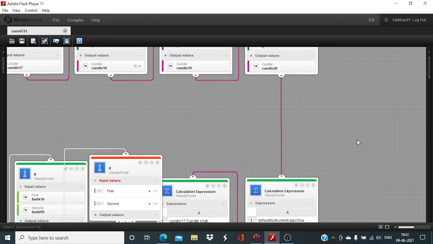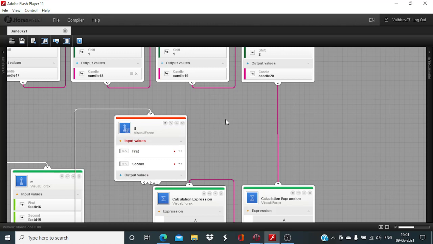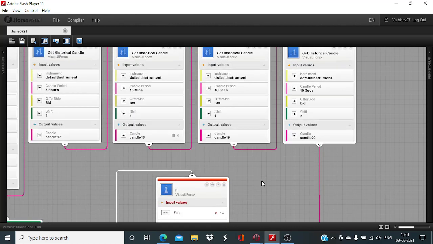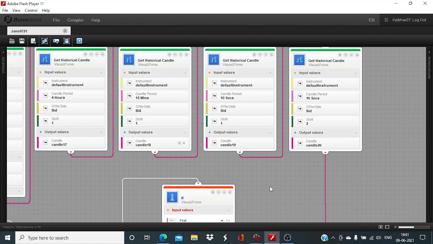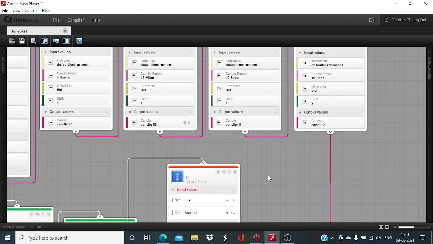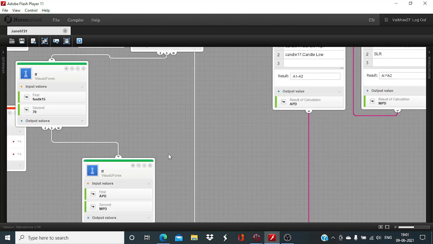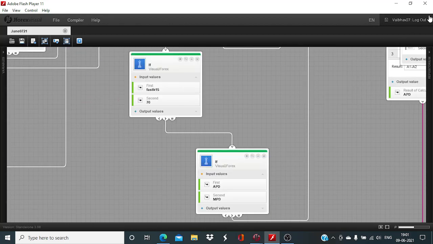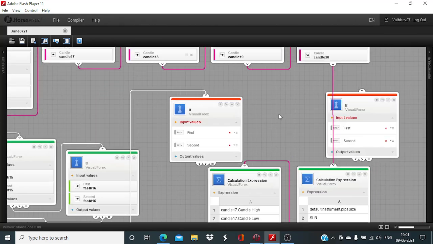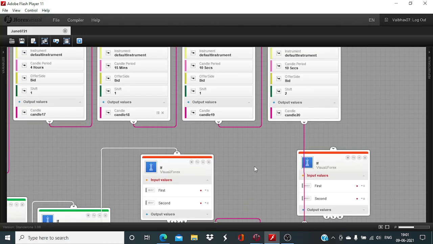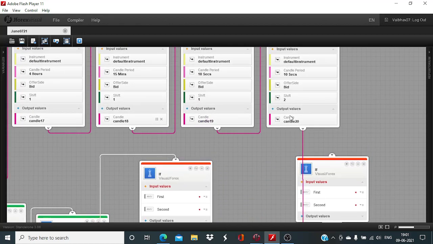And after that, all we have to do is place the order as and when the price starts to drop below the last 15 minutes candle close. And to do that, all we have to do is compare the candle 18's closing values with the candle 19 and candle 20's close.